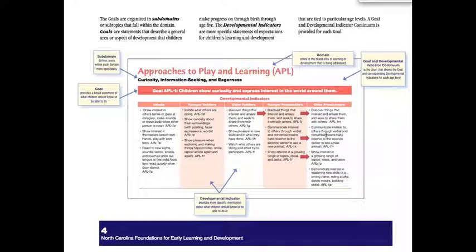The identification system is the same for all developmental indicators. So, for example, APL stands for Approaches to Learning. This is goal number 1. It's the first goal in Approaches to Learning. In the infant column, the first item is number 1.